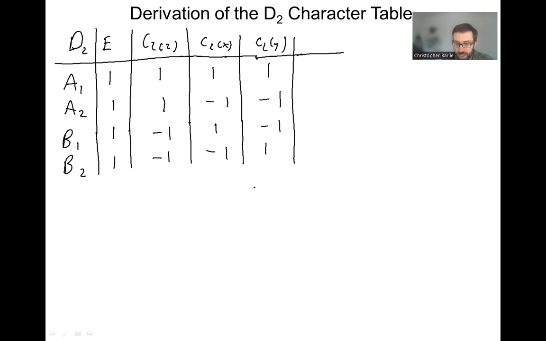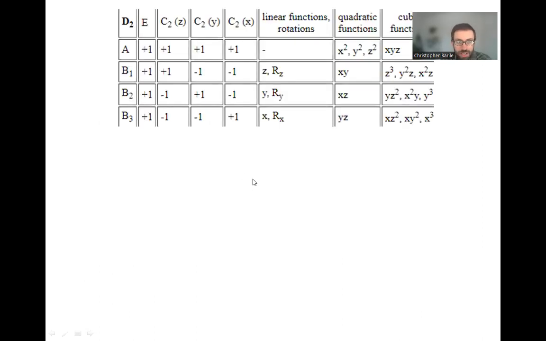And we can check to see how it was done in this point group. And you can see here, even the Mulliken symbol rules were a little different. They called this one B1, B2, B3, right?